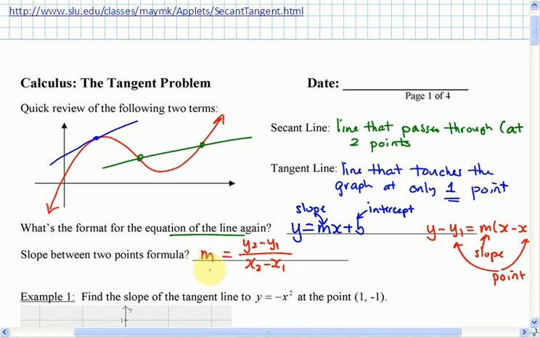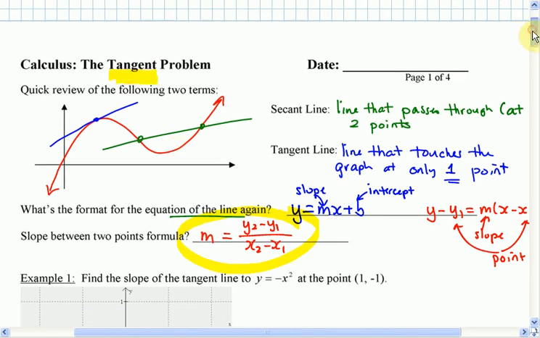Slope equals y sub 2 minus y sub 1, all over x sub 2 minus x sub 1. Yeah, row your boat. Good stuff. Okay, ladies and gentlemen, all that stuff that we learned before, we're going to use again today to introduce to you the idea of this tangent problem in calculus, okay?